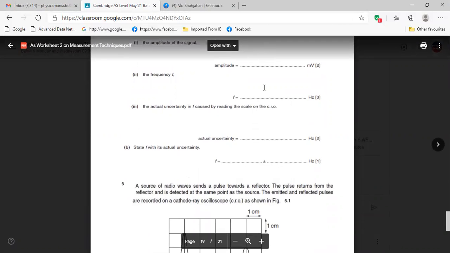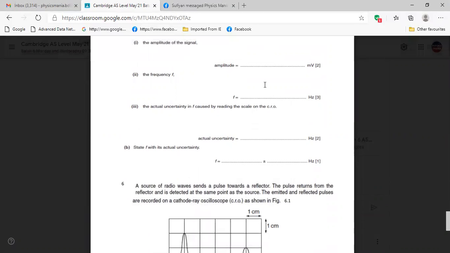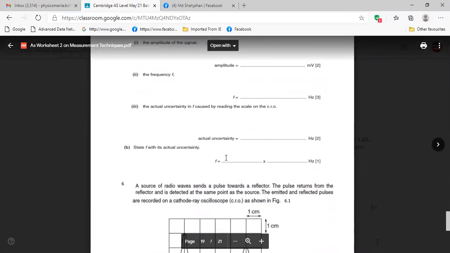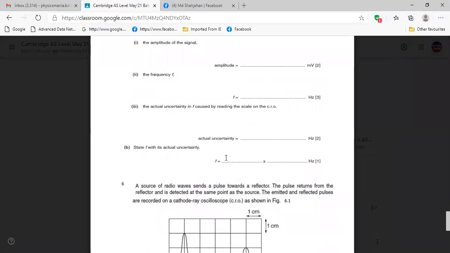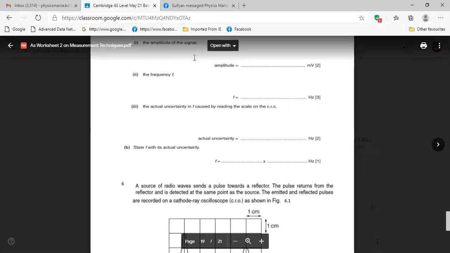If you got 526, you can write in two significant figures or three significant figures. You write in two significant figures here. It is a standard value for both answers. I'm showing you why you prefer these two significant figures.